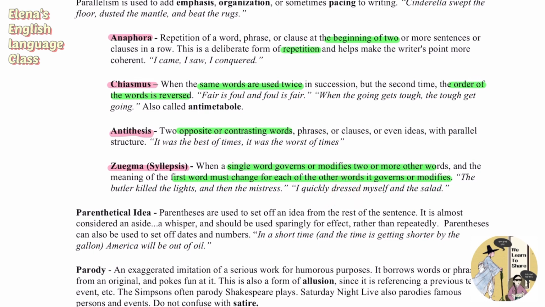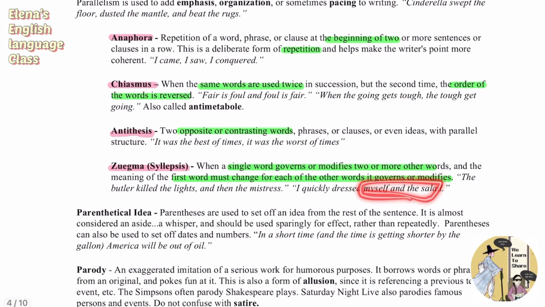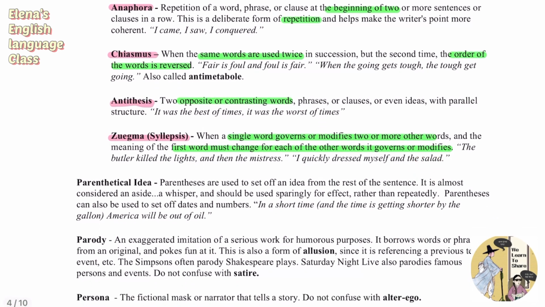It should not be used as dressing for myself, like dressing by wearing my clothes. But for salad, it should change to maybe something like salad dressing. So this is the situation when the single word governs 1 or 2 words that follow, but the meaning should be changed in order to modify the other word that comes behind.